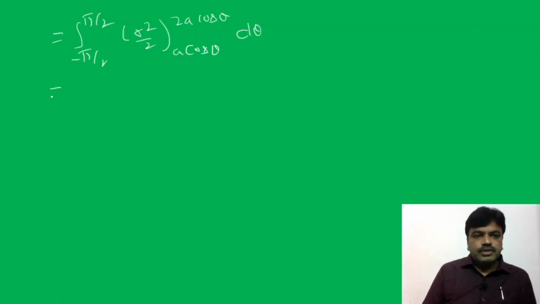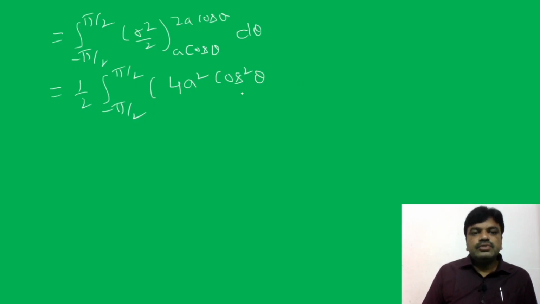Substitute the upper limit and lower limit here. Take 1 by 2 outside: 1 by 2 integral from minus pi by 2 to pi by 2 of r square, which means 2 square, 4a square cos square theta, minus a square cos square theta, d theta.